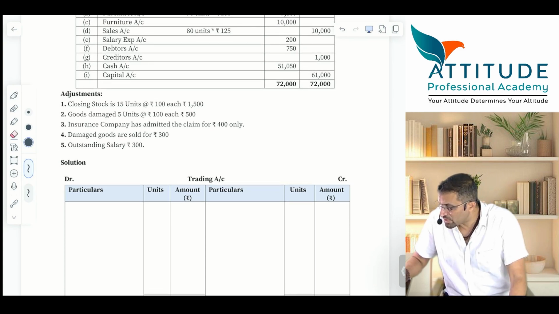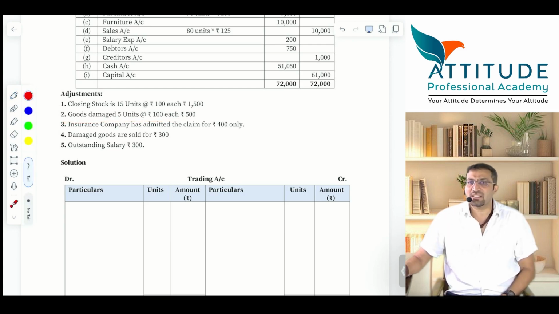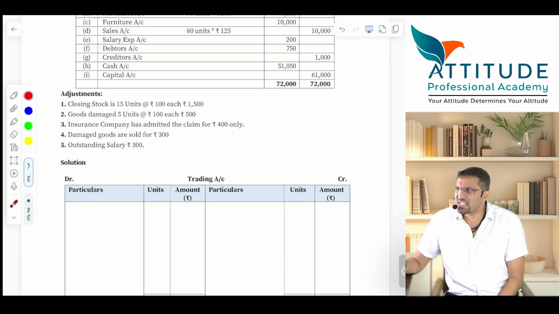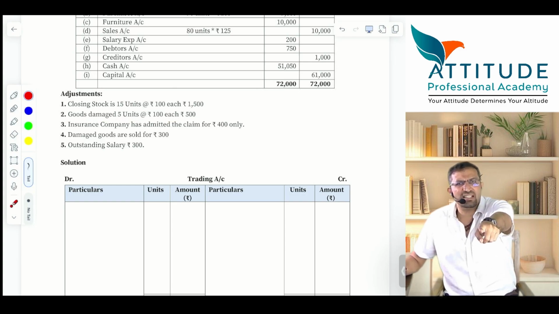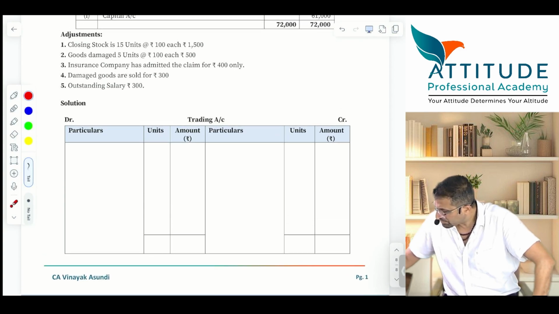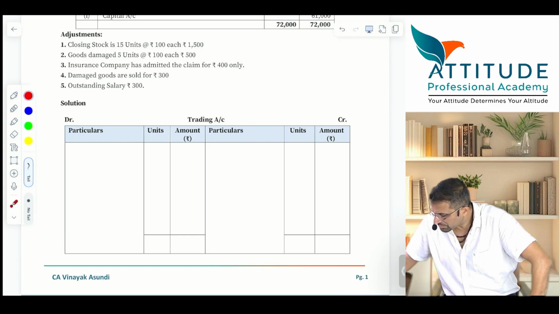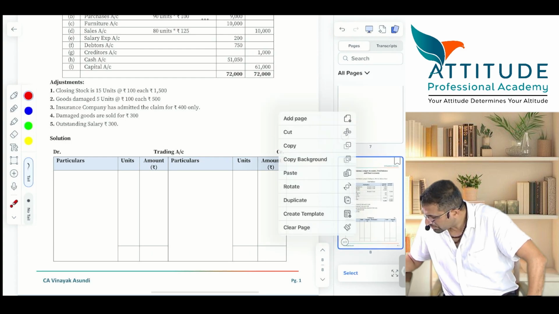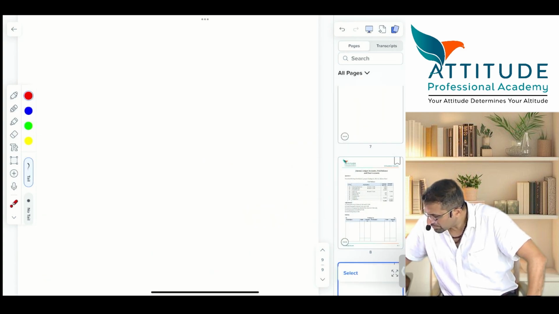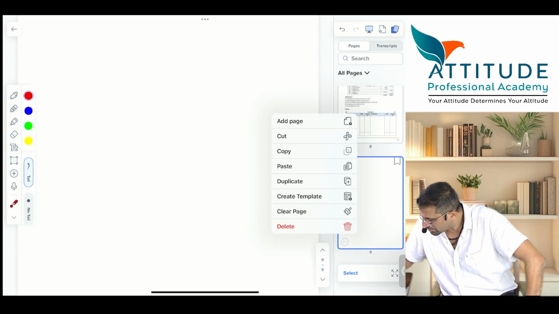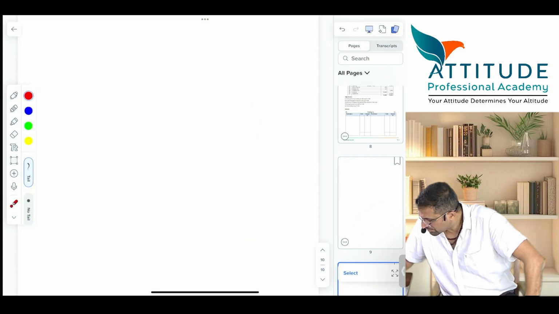Damaged goods 5 units, correct? Now I'll start adjusting this damaged goods with purchases. Can I adjust damaged goods with purchase also? Like abnormal losses adjusted against purchases. I can do that. Now ये देखो.